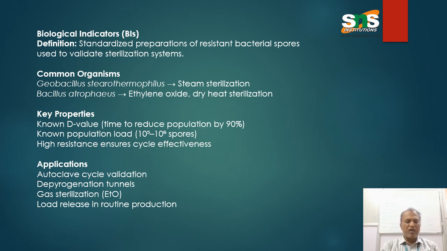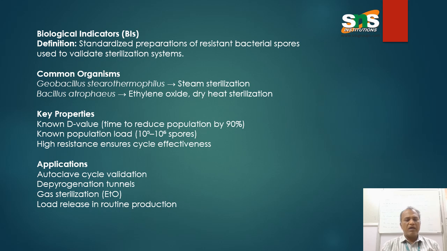The D value is the time taken to reduce the microbial load by 90%. The known population load has to be in the range of 10 to the power of 5 to 8 spores per million.